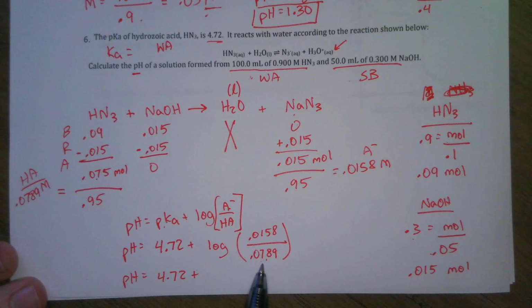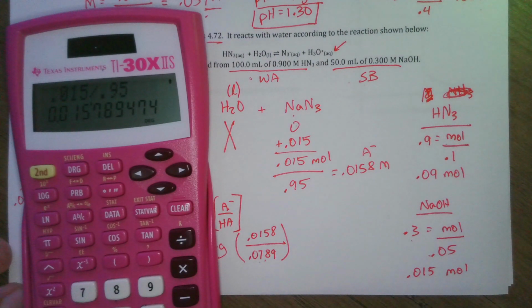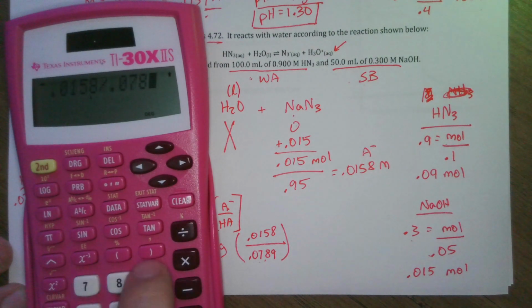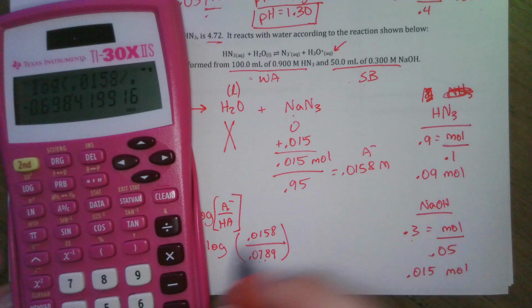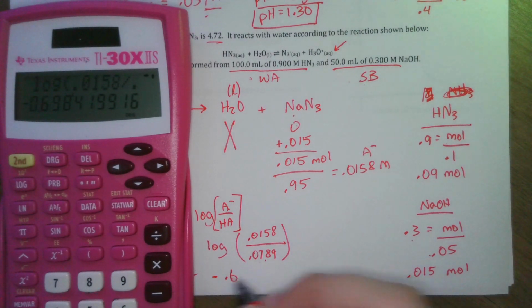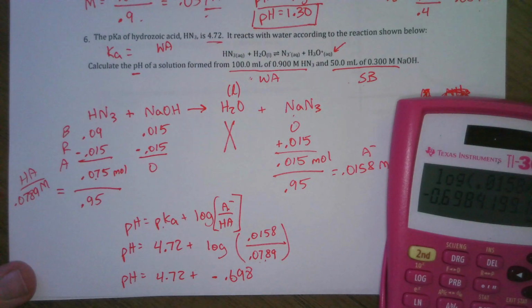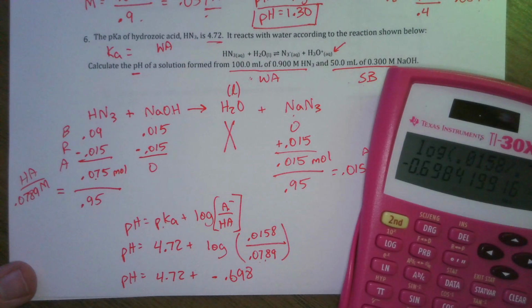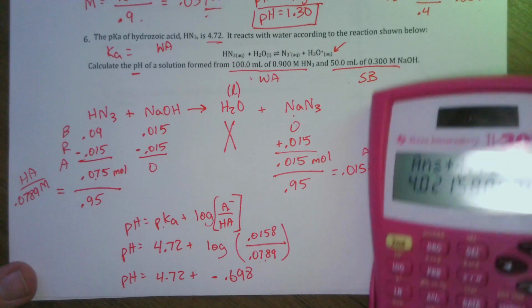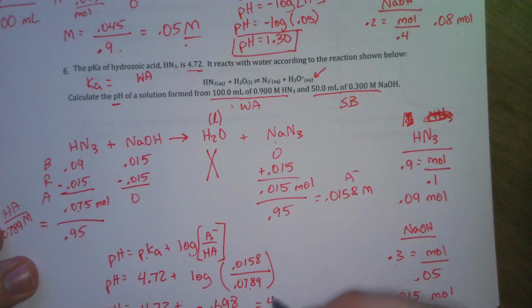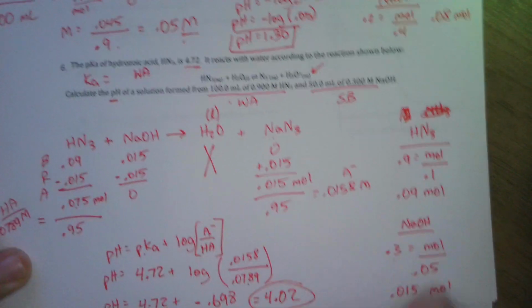My bottom number is bigger, which means the pH should go down a little bit because I have an excess of acid. So I'm expecting my answer here to be a negative number. The log of 0.0158 divided by 0.0789, in fact, is a negative number. It is minus 0.698. So I'm going to add a negative 0.698 to my 4.72. I get 4.02 as my final pH.